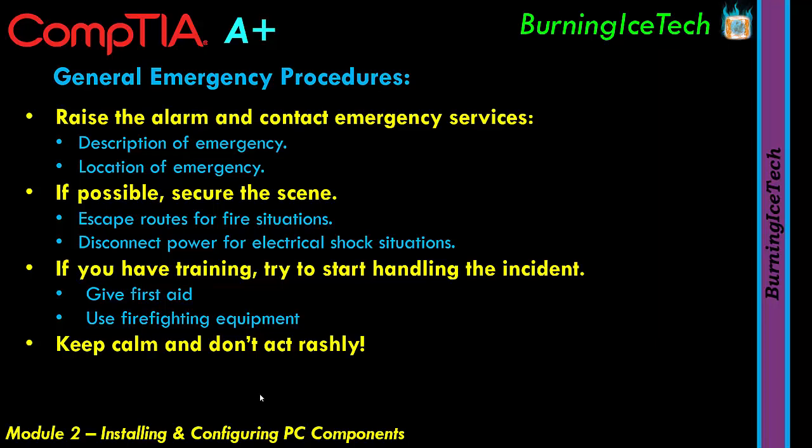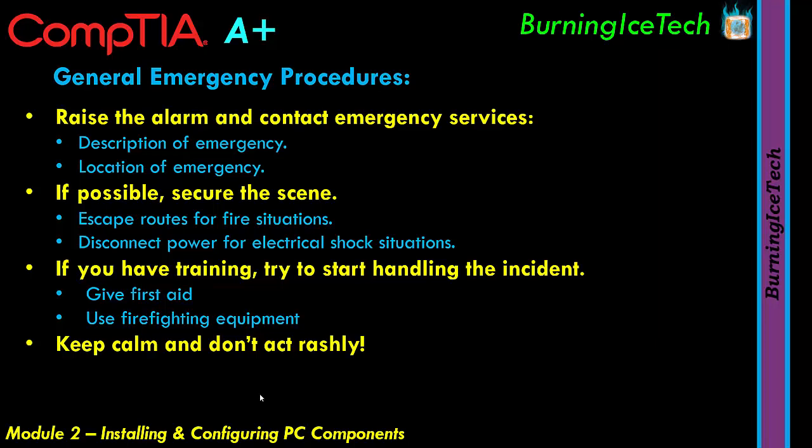The second big bullet point is, if possible, secure the scene. Now notice they said if possible. It's not always going to be possible. So if you are the first responder for this medical emergency or this fire emergency, you can start securing the area. If it's a fire, you can maybe start grabbing a fire extinguisher.